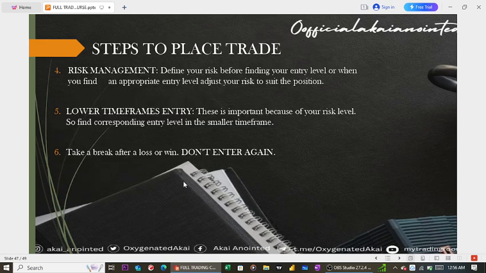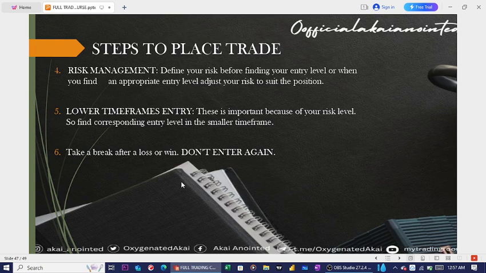But you have to define your risks. You have to know what you're willing to lose. If I want to lose $50, there are certain positions I may not attempt to enter. And if I'm attempting to enter, it means that I'll reduce my lot sizes till it fits in the $50 I'm about to lose. So that's it for risk management.